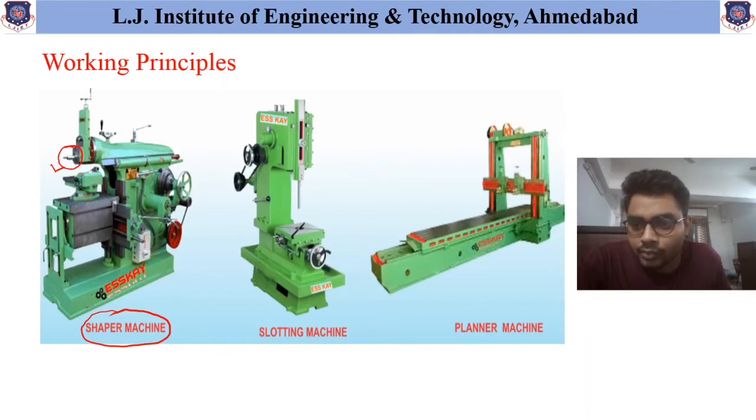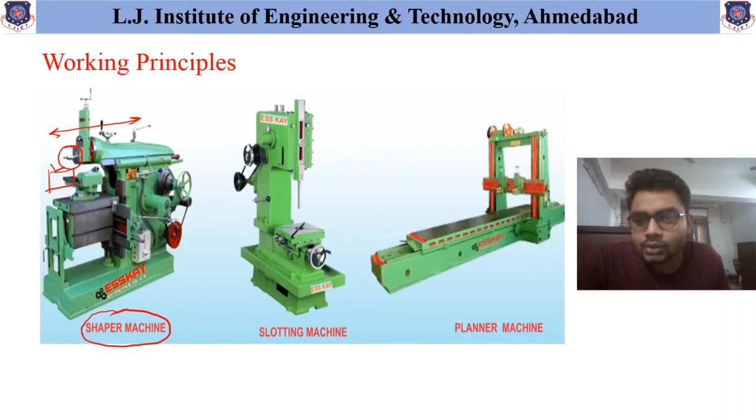And now for machining purposes, the workpiece is provided over here, and to remove the material, as we discussed in chapter 1, reciprocating motion, that is to and fro motion, is required to perform the machining operation.